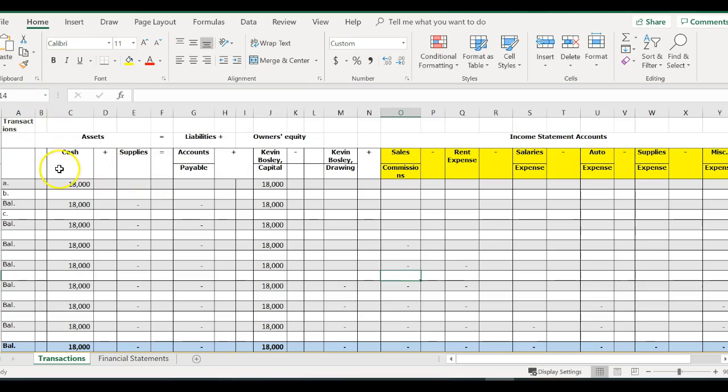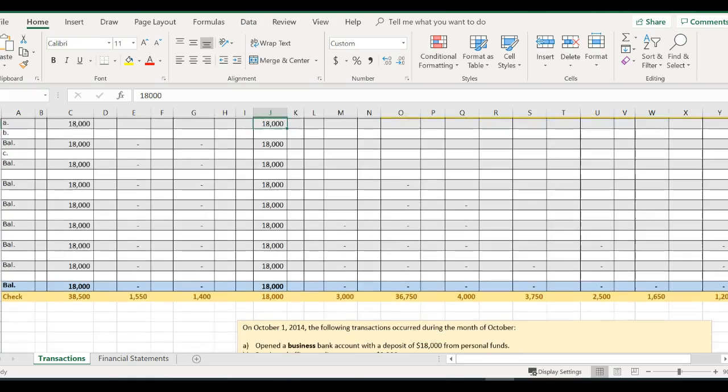So we're going to put $18,000 in the checking account. And we're also going to increase the capital because he's given money for the business. So now when I look at assets equal liabilities plus owner's equity, I have $18,000 equals $18,000. Good shot, right?